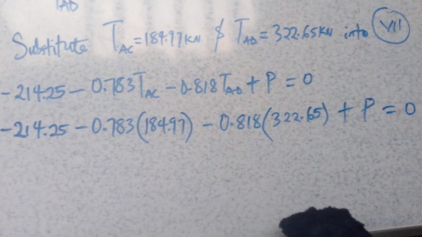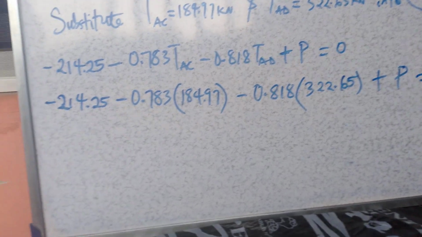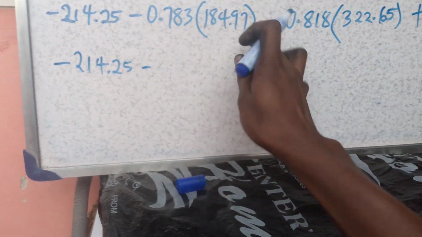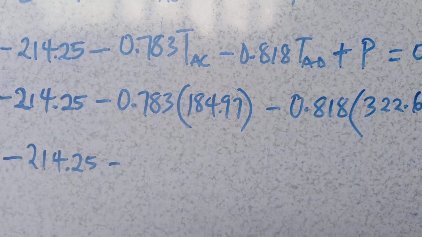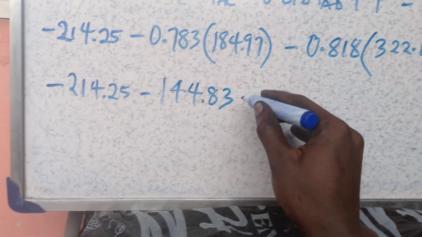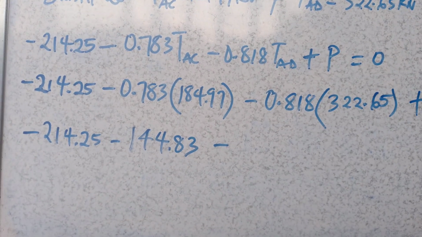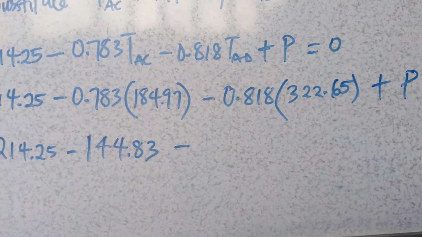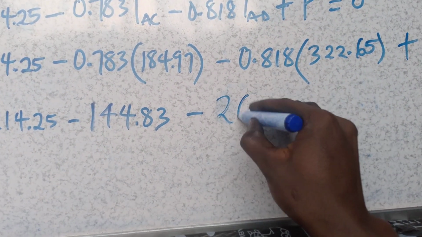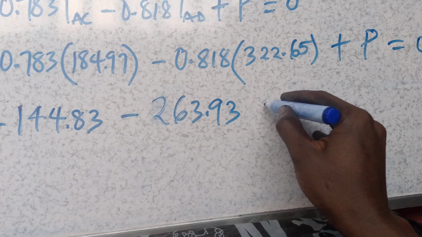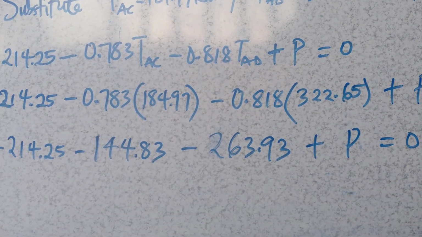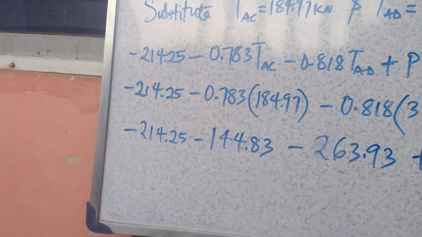This gives minus 214.25 minus 144.83 minus 263.93 plus P is equivalent to 0.